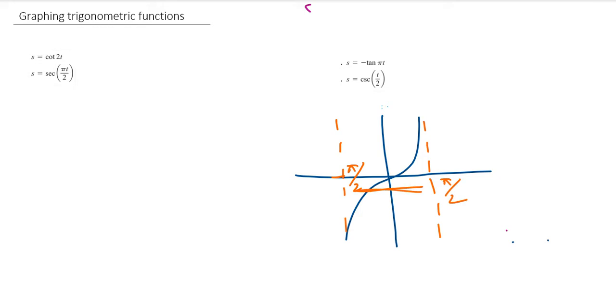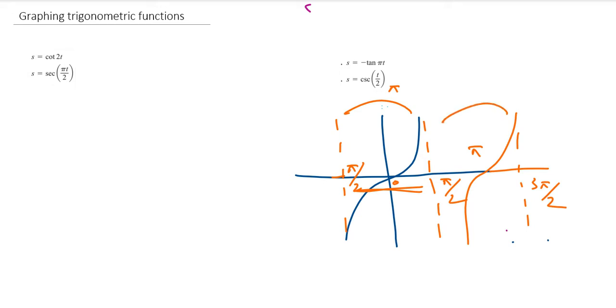The difference between these two is pi, so we can say that the period is pi.